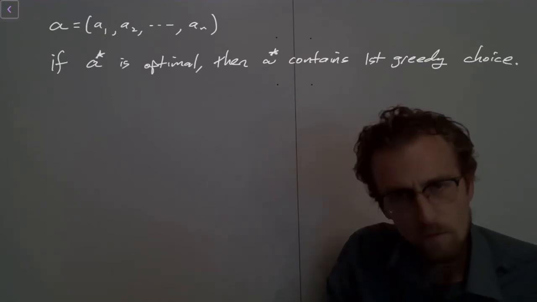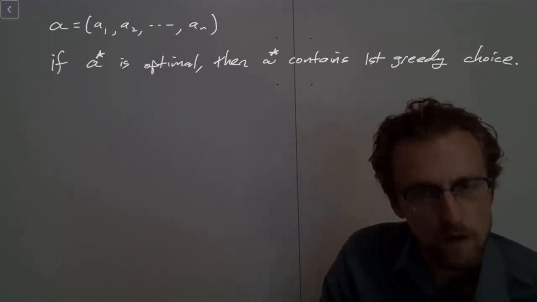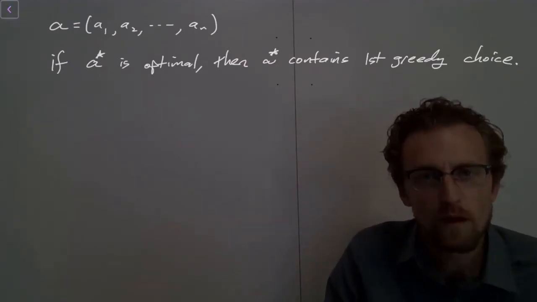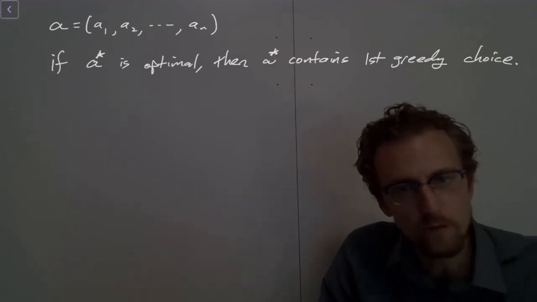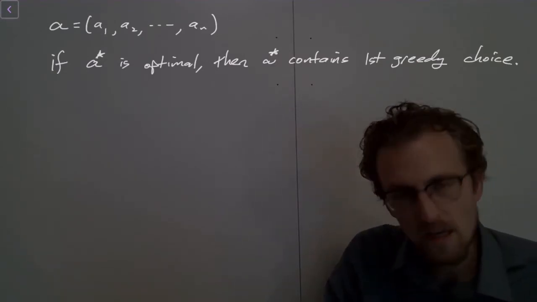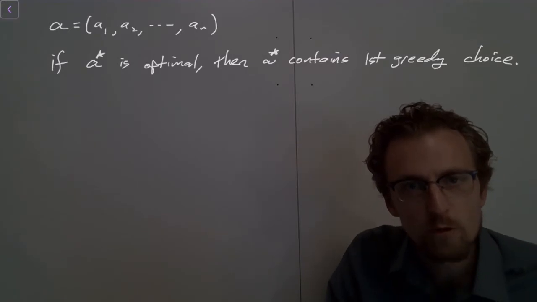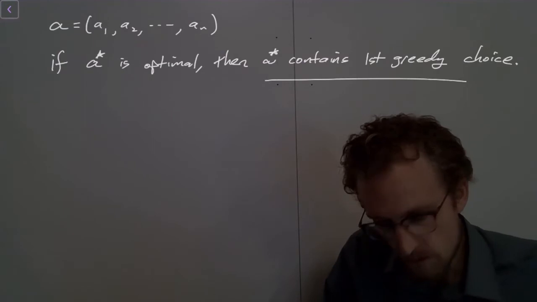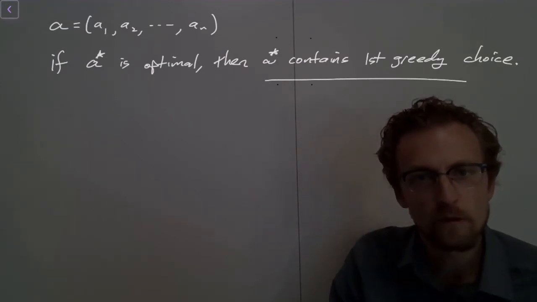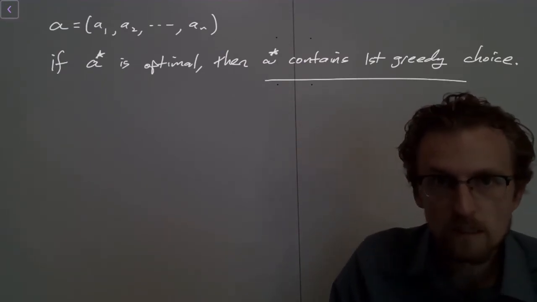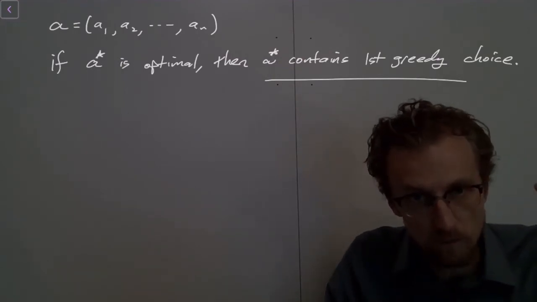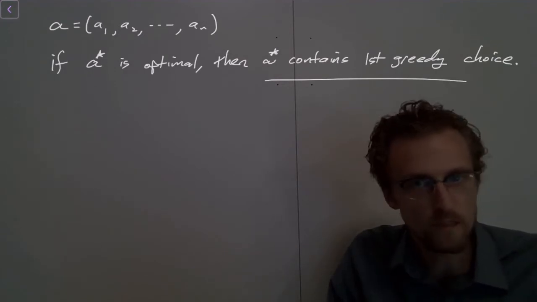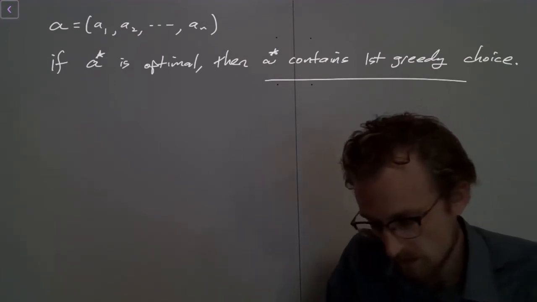Being optimal is something that we understand. It means that it solves the problem with the highest possible value, that of all the different possible ways of taking fractions of items, it's one that maximizes the total value that we can take. And we also know what it means to contain the first greedy choice. The greedy algorithm is a deterministic algorithm. It ranks the items by their value per weight, and then it maxes out each one in succession.